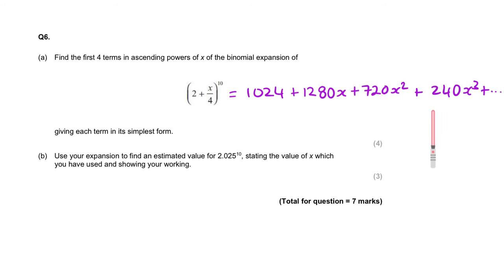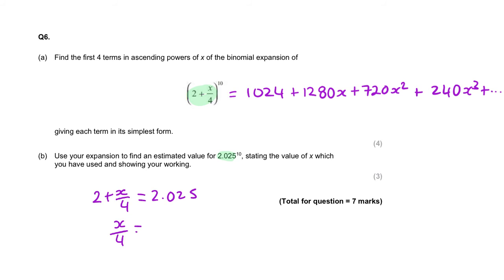Now we have this. Part B is where we're going to focus now. It says use your expansion to find an estimate for the value of this number. Now we notice the powers are the same, so we can say that this equals the same. So we know that 2 plus x over 4 equals 2.025.